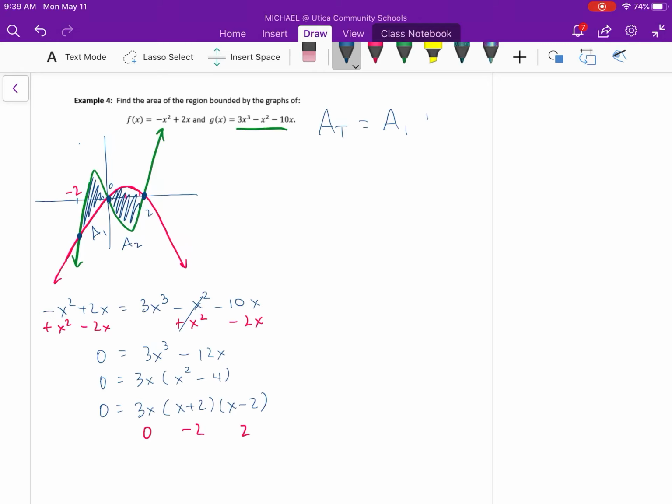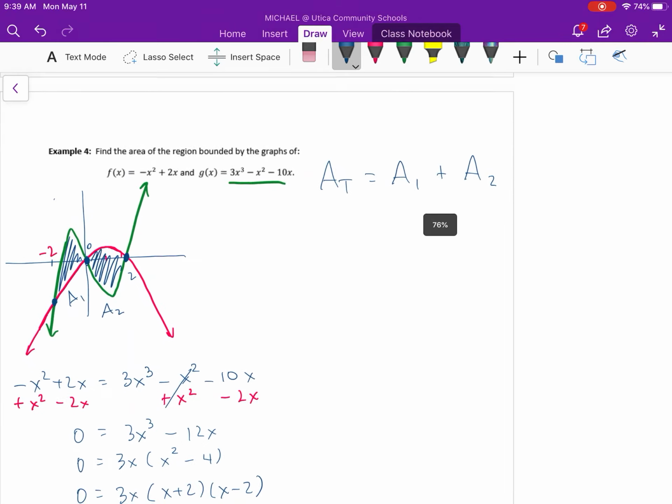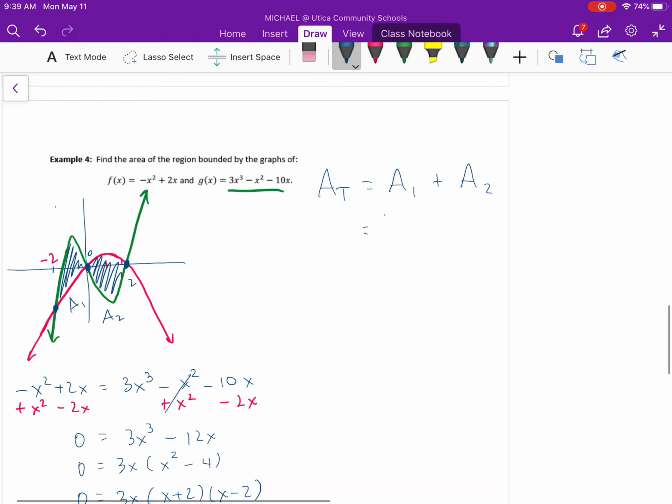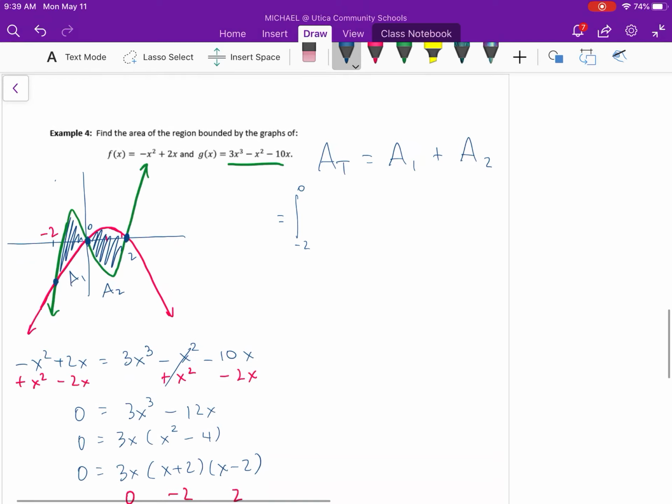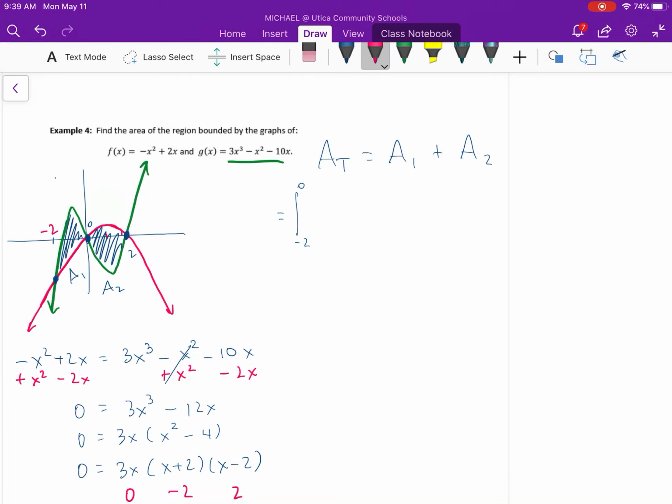So to figure out the total area, I'm going to start by figuring out area 1 and adding in area 2. So area 1 is going to be the integral from negative 2 to 0 of the top function, which is the green function, so 3x cubed minus x squared minus 10x.